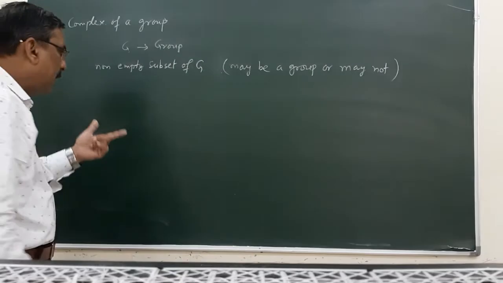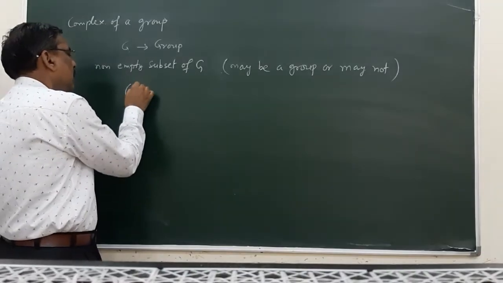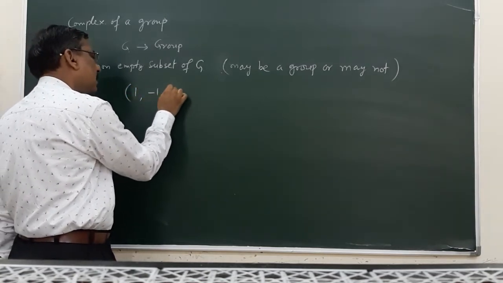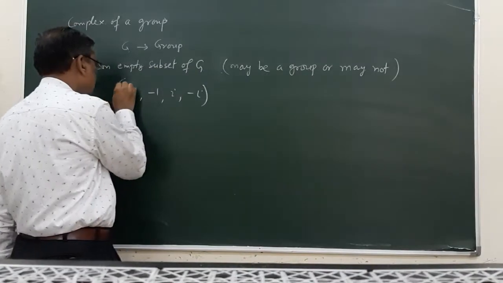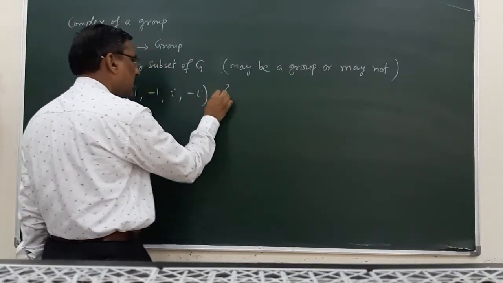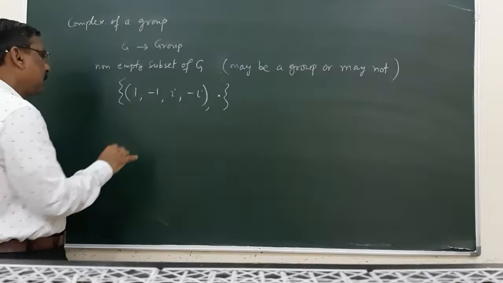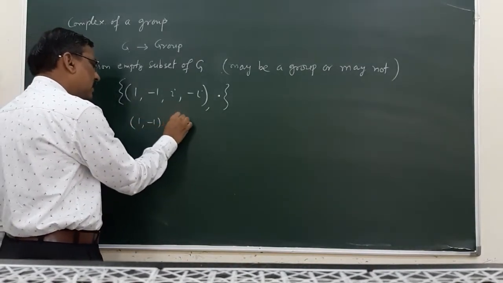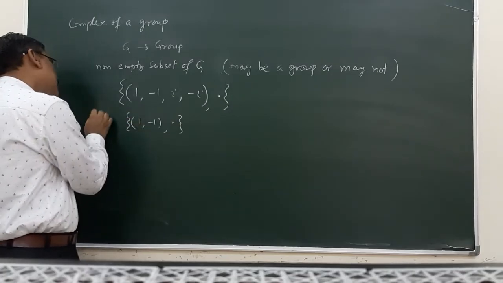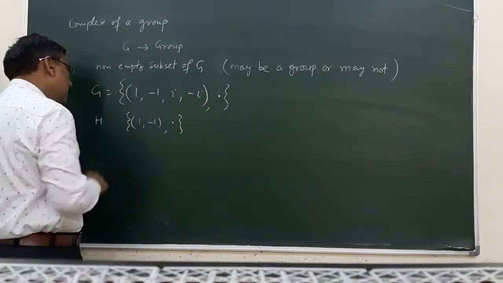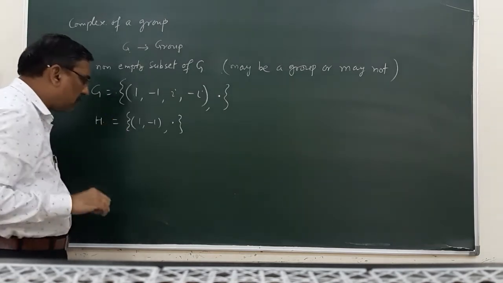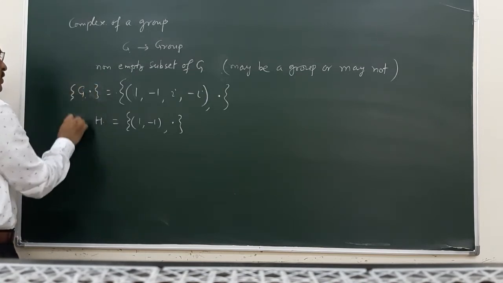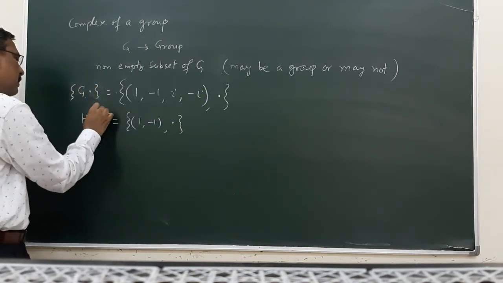For example, again, this is the same example, and we had earlier proved that 1, minus 1 is a subgroup. Say this is your H, this is your G. G with the algebraic structure star, and H with multiplication of it.